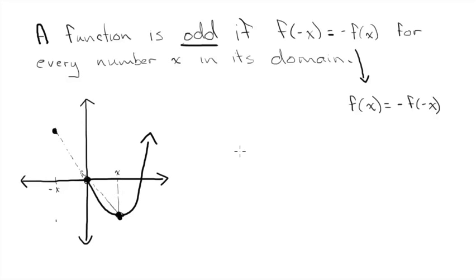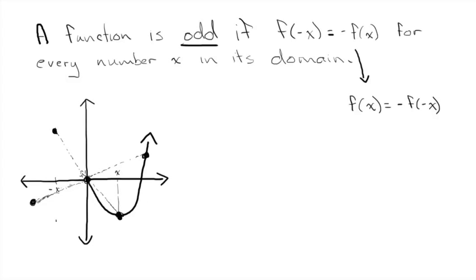It's just a straight continuation, and that's how you get the rest of the graph. If I wanted to find the symmetric point here, I draw a straight line to the origin, and then continue that straight line the same distance, and I'd be about here.